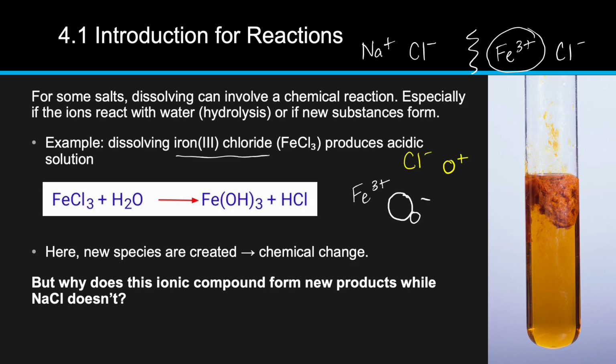So now we are left with these iron ions attracted to the negative hydroxide ions, and then our chloride anions attracted to the H+ ions, which is where we get our Fe(OH)3 and our HCl.